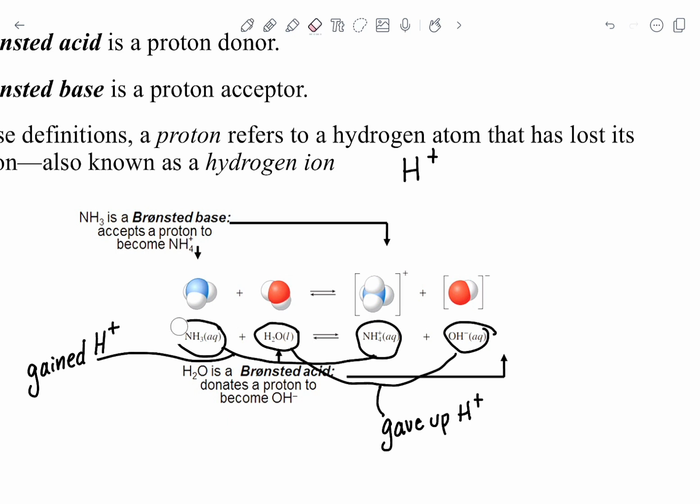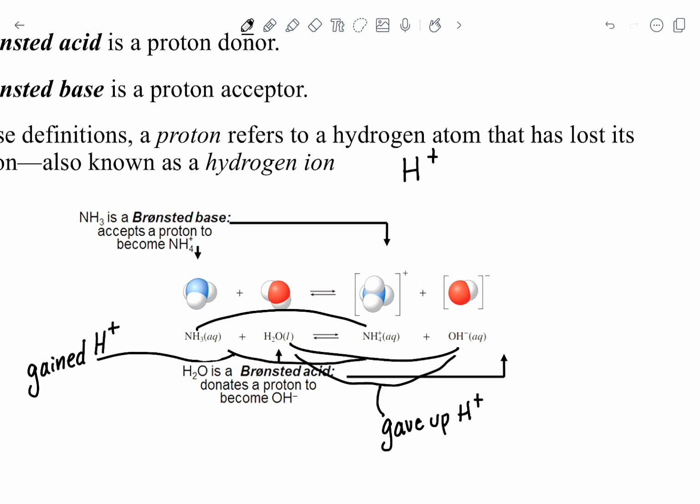You'll notice here that because we are switching protons around, we're moving those hydrogen ions, our charges are changing from our reactant side to our product side. So we see the NH3 becoming more positive, and we see the H2O becoming more negative.